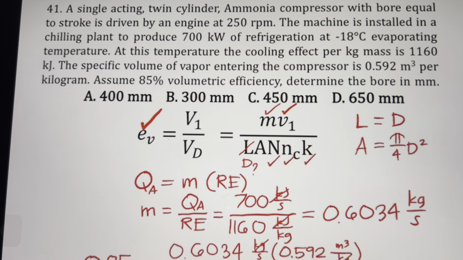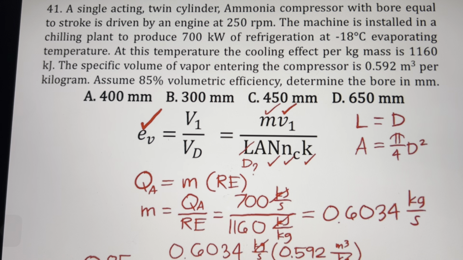Our speed is 250 revolutions per minute. As you can see, our mass is per second, so our speed should also be in revolutions per second. So this is 250 divided by 60 to make this revolution per second.